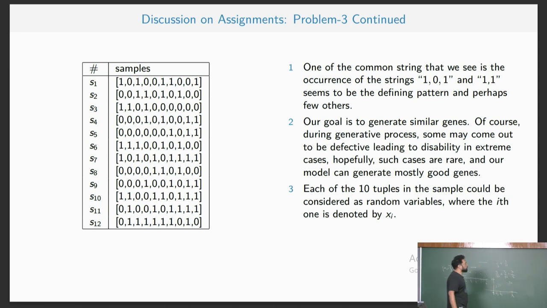Modeling this as a product of individual Bernoullis will not work, because there is a pattern somewhere that needs to be captured, and this pattern is also kind of shift invariant. It is also not like Bernoulli with different parameters. You may say that, but once I see 1 and 0, the probability of 1 happening seems to be high, because this is present in almost all the samples.